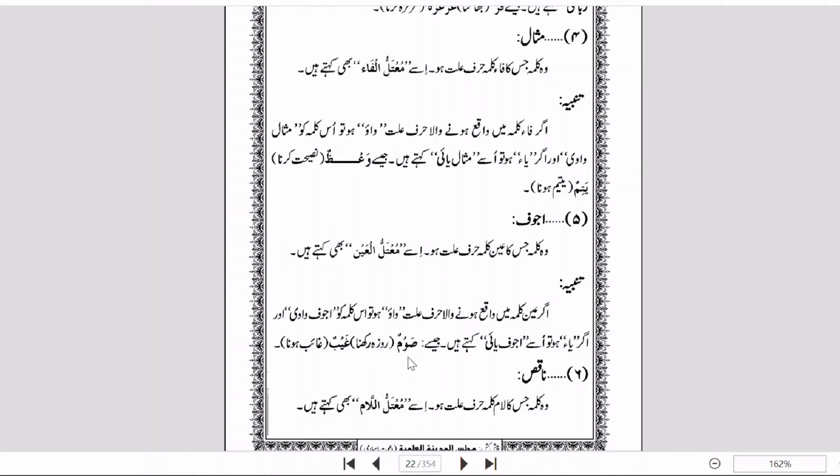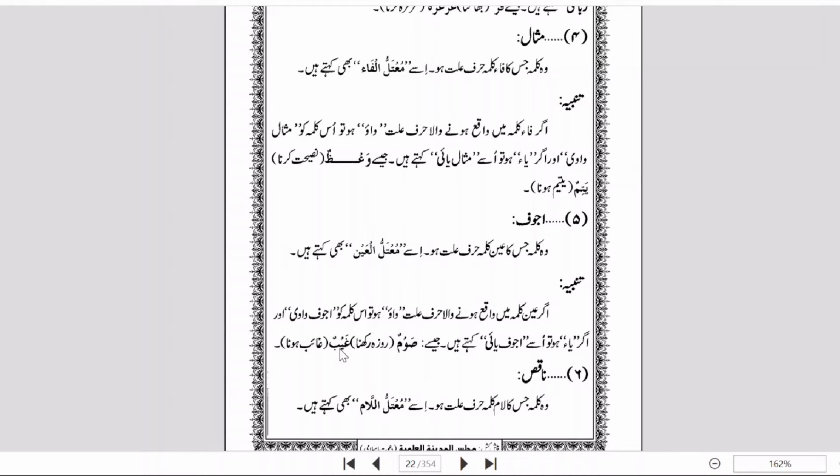Sawmun meaning to fast. Because waw is in place of the ain kalima, it is known as ajwaf wawi, and ghaibun, meaning to disappear. Because ya here is in the place of the ain kalima, it is known as ajwafe yayi.